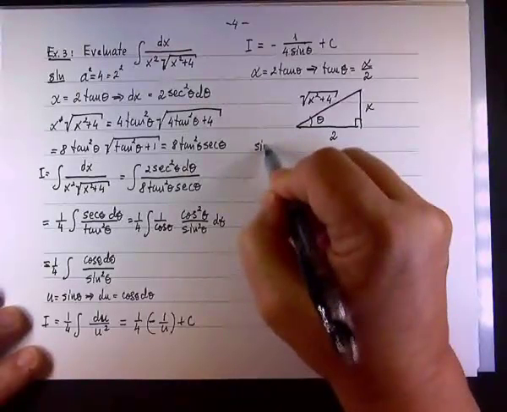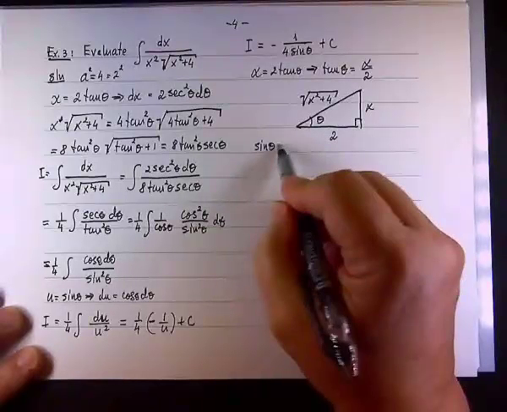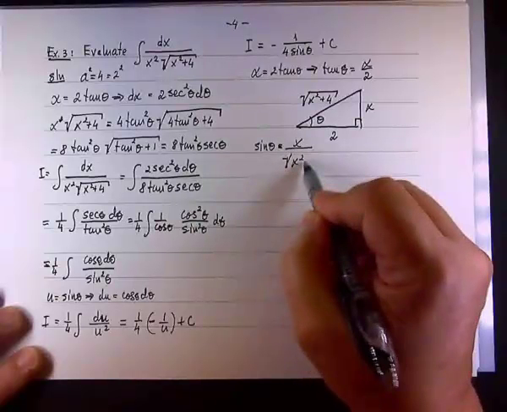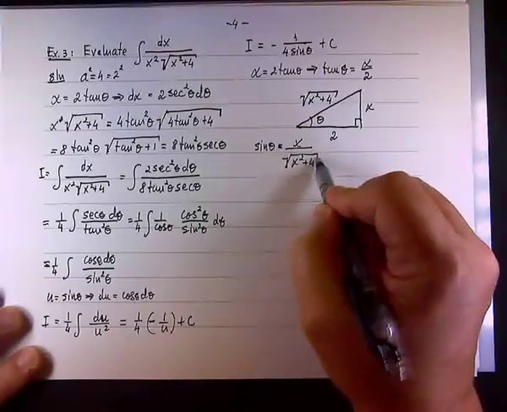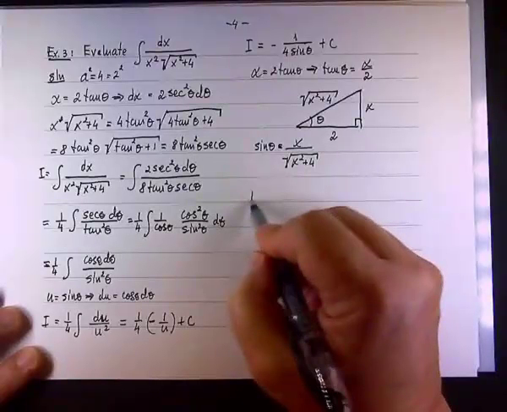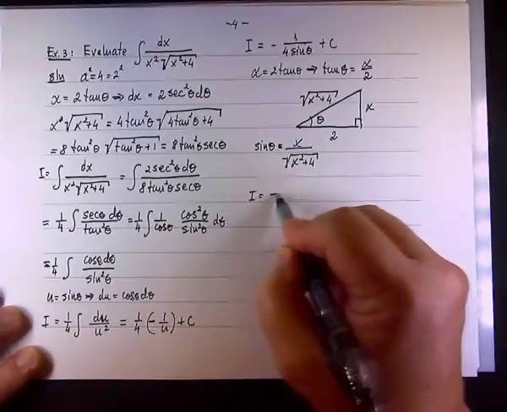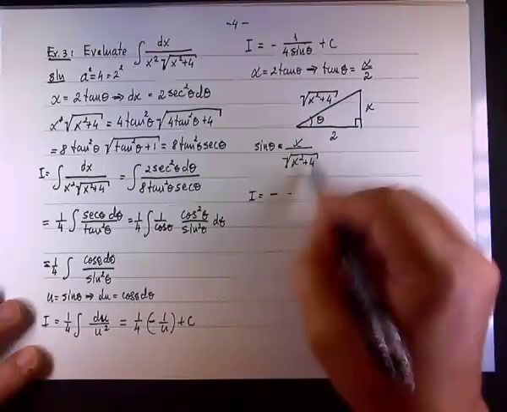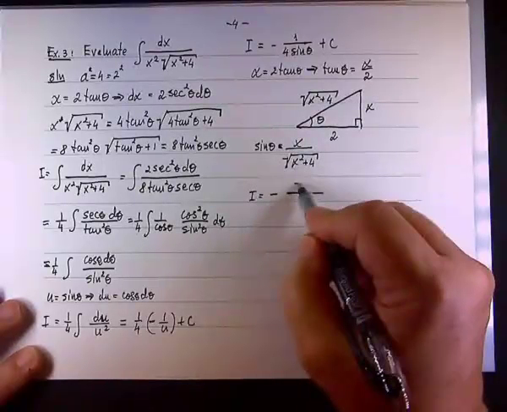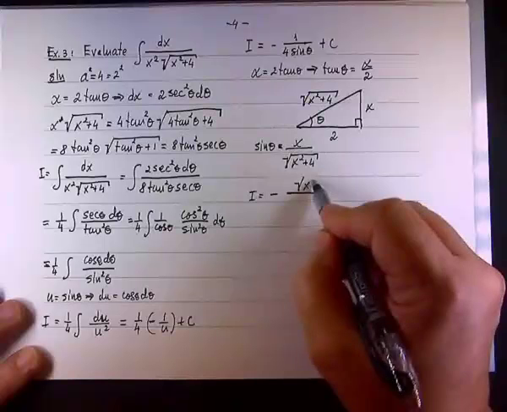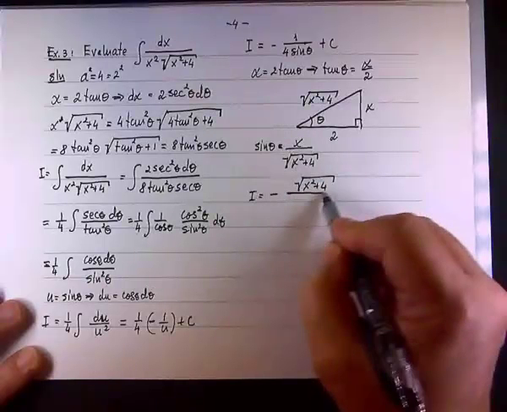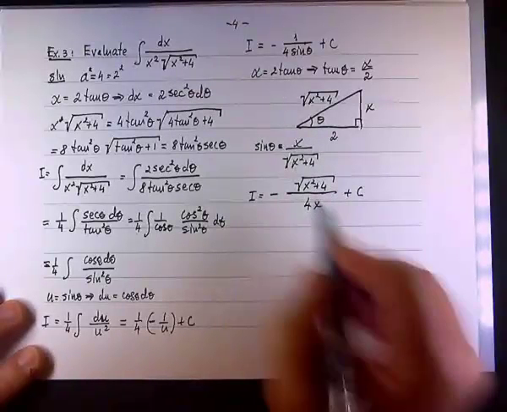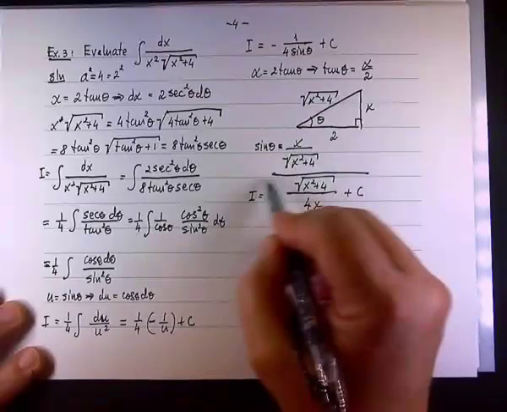So from here I get sine theta equal the opposite over hypotenuse, so it will be x over the square root of x squared plus 4, and now the integral is negative 1 over 4, so it will be, flip this over, and you have the square root of x squared plus 4 divided by 4x plus c.